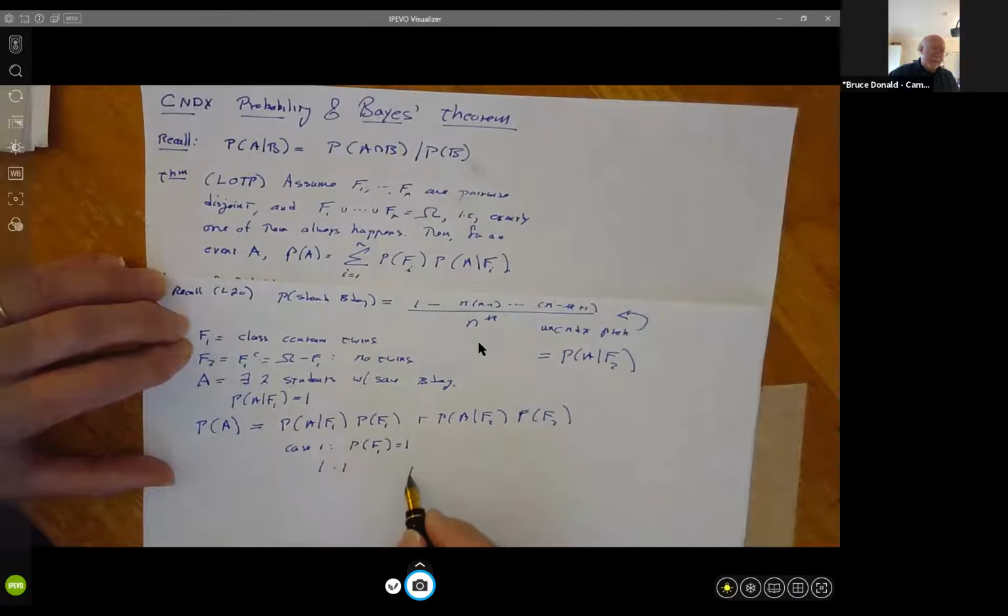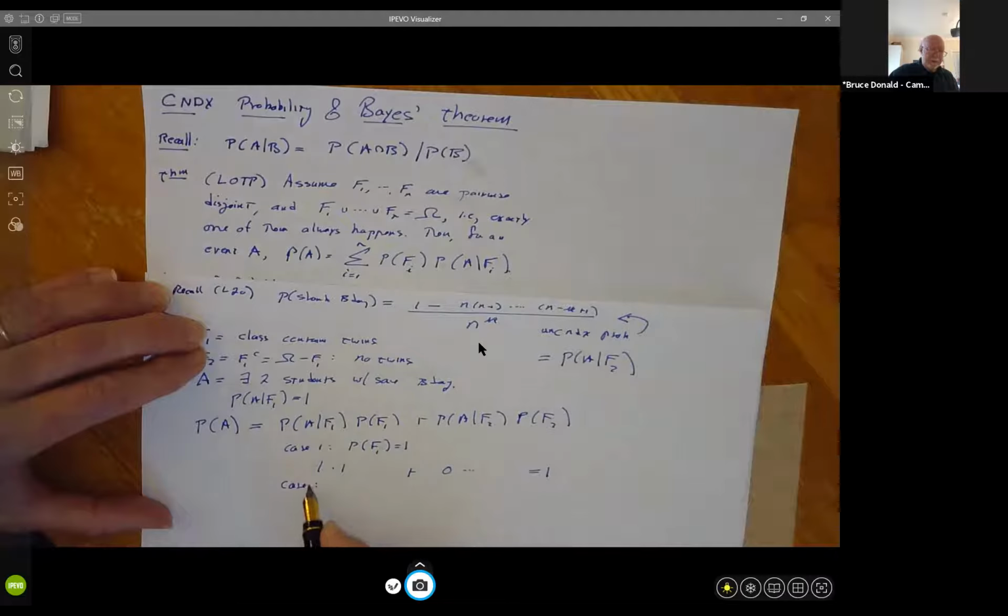So as you might expect, the probability of there being a shared birthday works out to be 1 if you know that they're twins. On the other hand, if you know that there aren't twins, this is case 2, the probability of the twin event is 0, then you get 1 times 0 plus 1 times this quantity here, which we calculated last time. So it reduces to the case we had before.